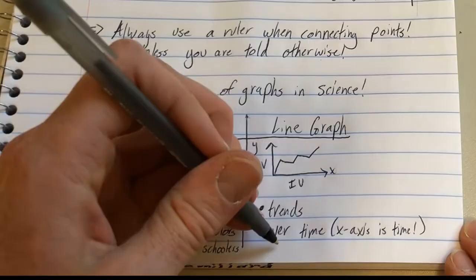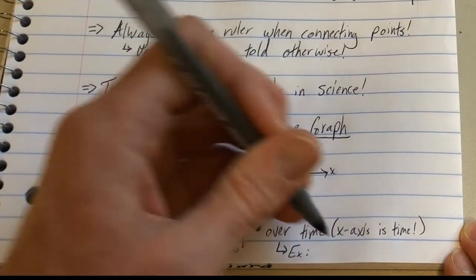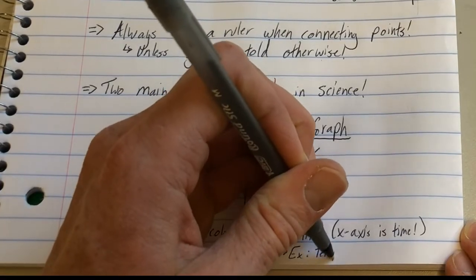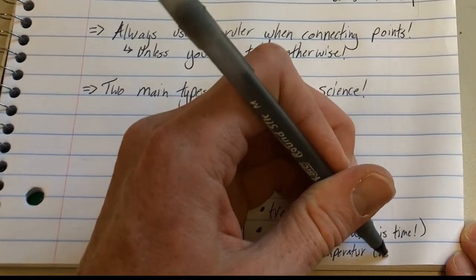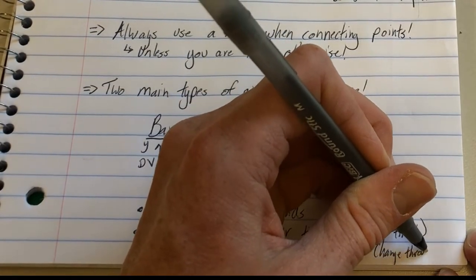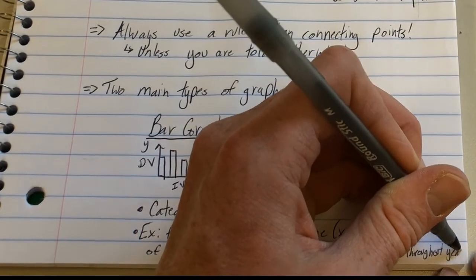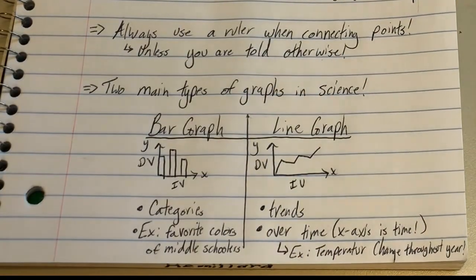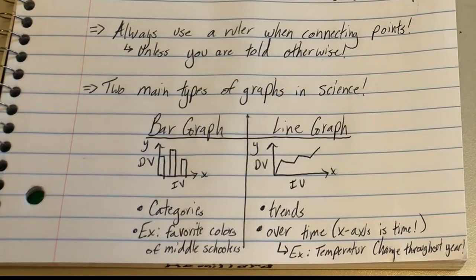Now, an example for this could be something like temperature change throughout the year. That would be an example where you have time or the months on your x-axis and then the temperature on your y-axis and how it changes.